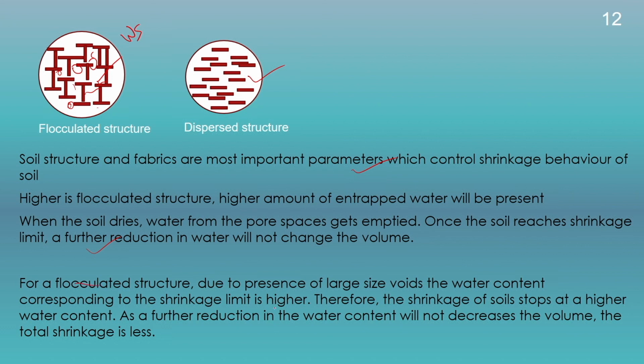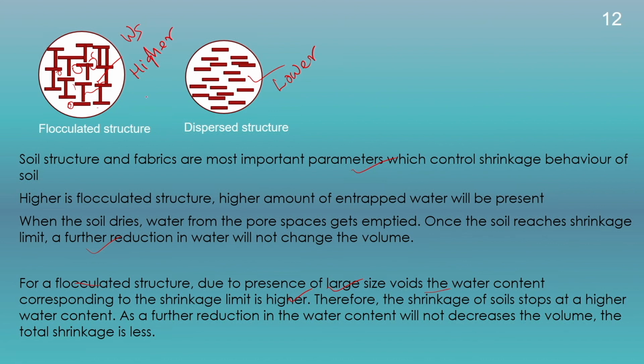Therefore, for a flocculated structure, due to the presence of the large size voids, the water content corresponding to the shrinkage limit will be higher. So, any clay mineral which exhibits a flocculated structure will have a higher value of shrinkage limit, and any mineral which has the dispersed structure will have a lower value of shrinkage limit.